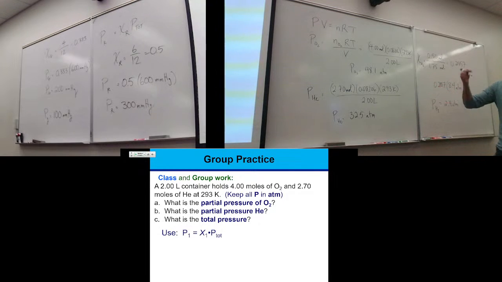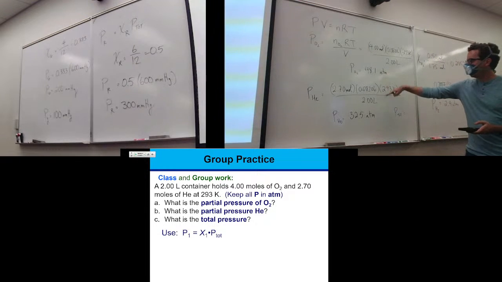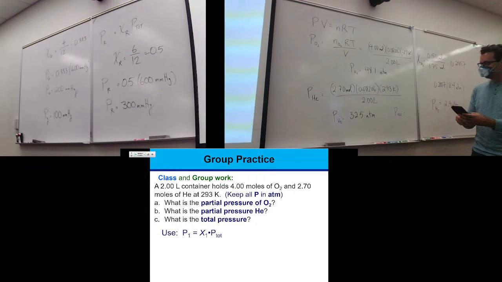The total pressure, well, there's only these 2 gases. So if I add them up, I will get the total pressure. And so it's 48.1 and 32.5. No, I think I did something wrong somewhere. Hold on. Let me do this again. 0.08206 times 293, divided by 2. 32.5.